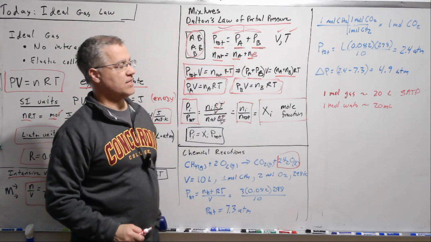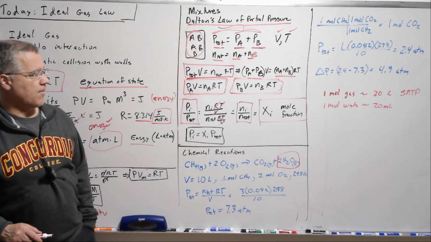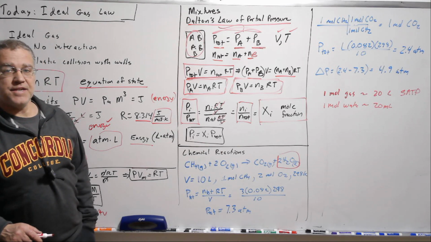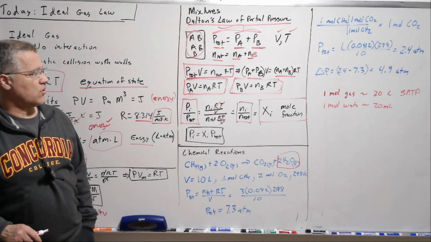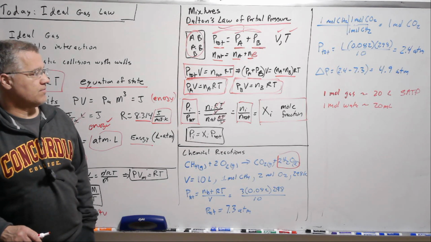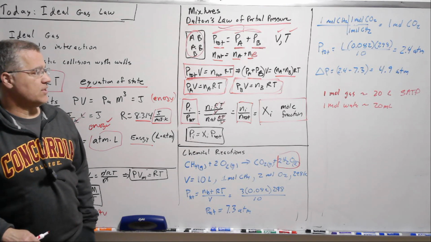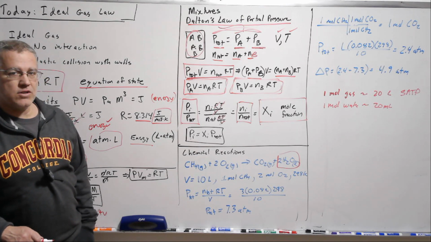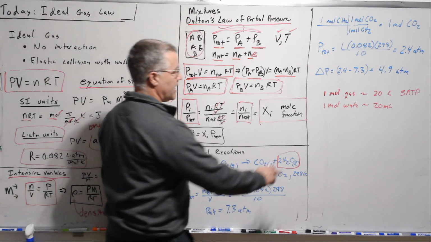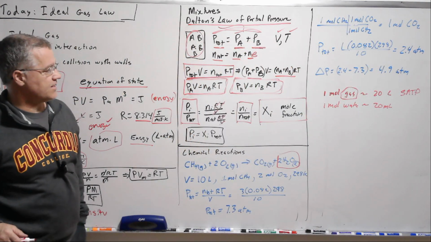right? Because it's 18 grams per mole, and the density of water is 1 gram per milliliter. And so we have about 1,000 times less volume when we condense 1 mole of water vapor into 1 mole of liquid water. Notice I didn't have to say 1 mole of water here because it doesn't matter what the identity of the gas is.